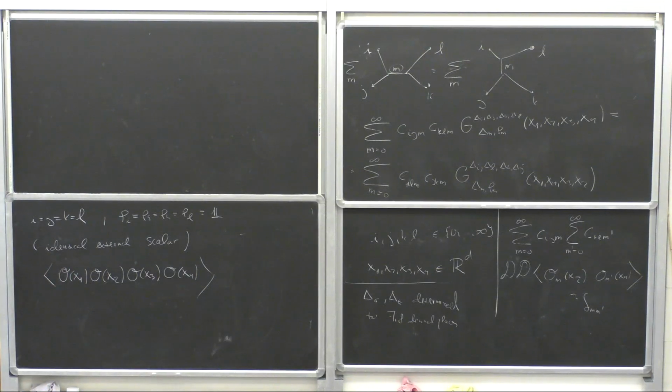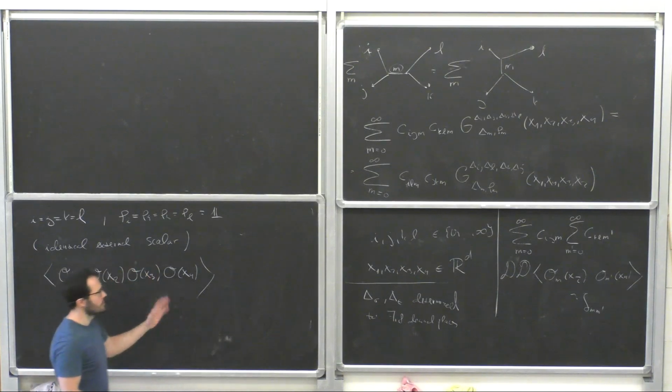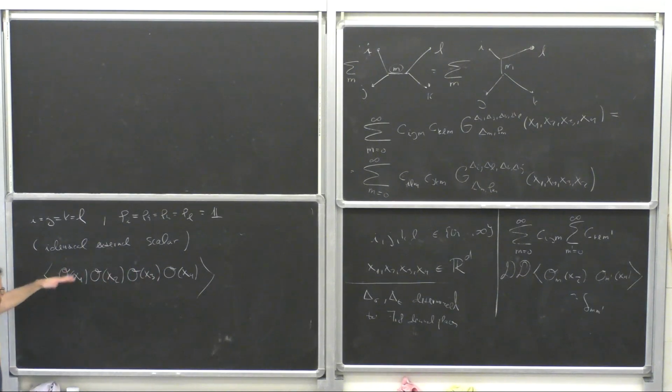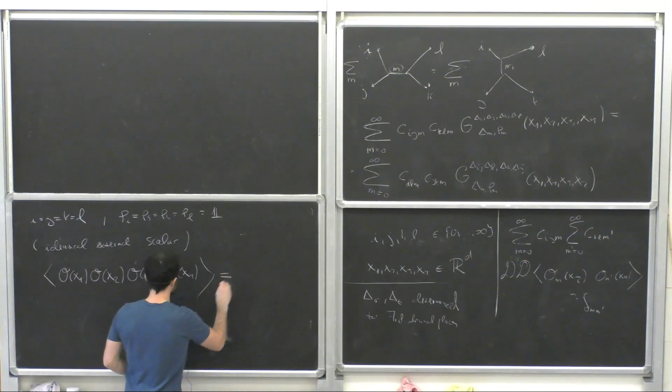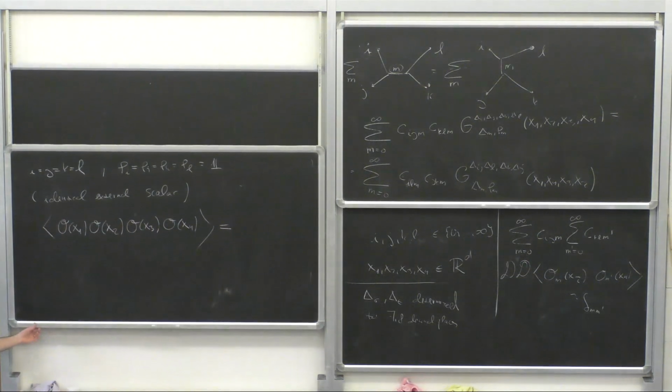Okay, so we want to look at the 4-point function of four identical scalars, and the first order of business that we should do is to use conformal symmetry as much as possible. Of course, we could just go through the steps that we did before in this particular case, but let's simplify our life a little bit, and let's first understand the consequence of conformal symmetry.